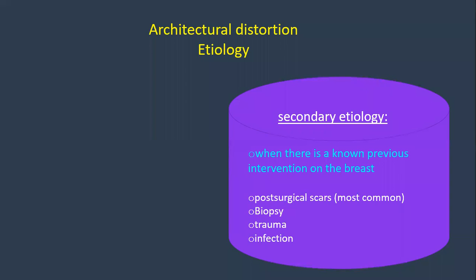Secondary etiology is when there is a known previous intervention on the breast. We call it secondary cause. Post-surgical scar, which is the most common, or post-biopsy, post-trauma, post-infection. If the patient has previous abscess healed by scar formation, all these we call secondary etiologies.